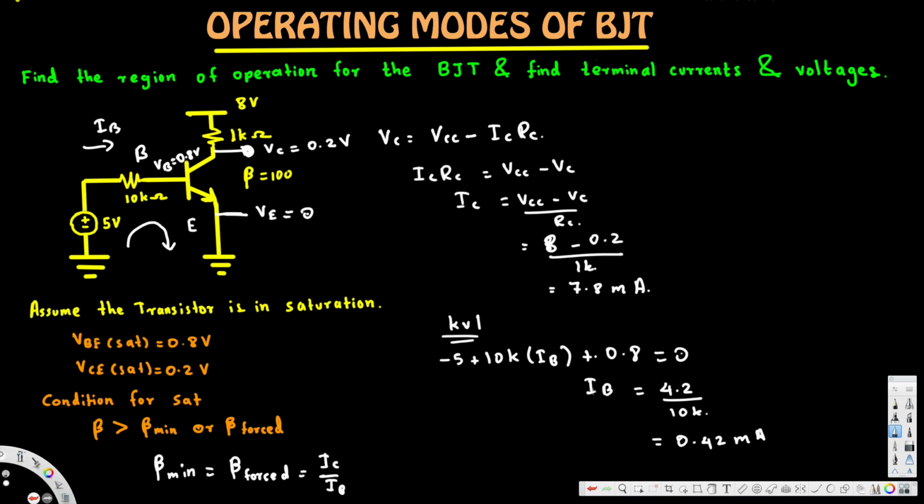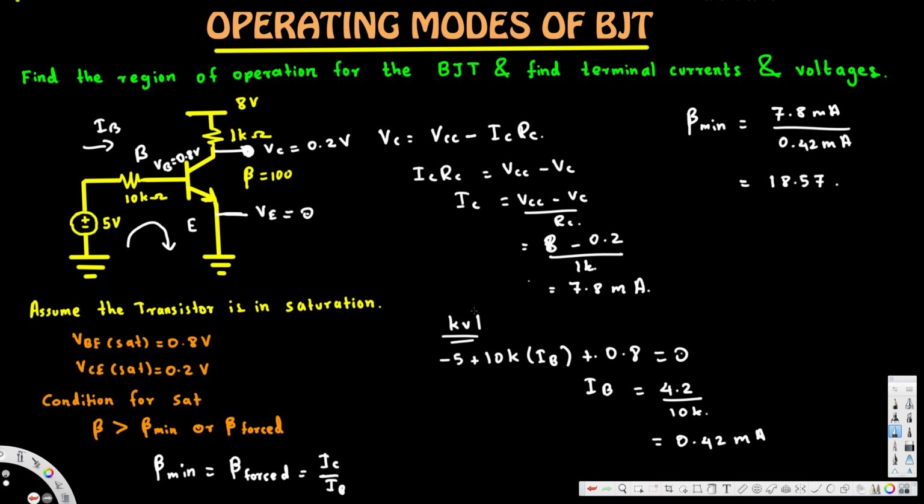Now we have IB and IC, so we can find beta minimum. Beta minimum is equal to IC divided by IB. IC is 7.8 milliamperes divided by IB, that is 0.42 milliamperes. If we divide these two, that gives us 18.57.